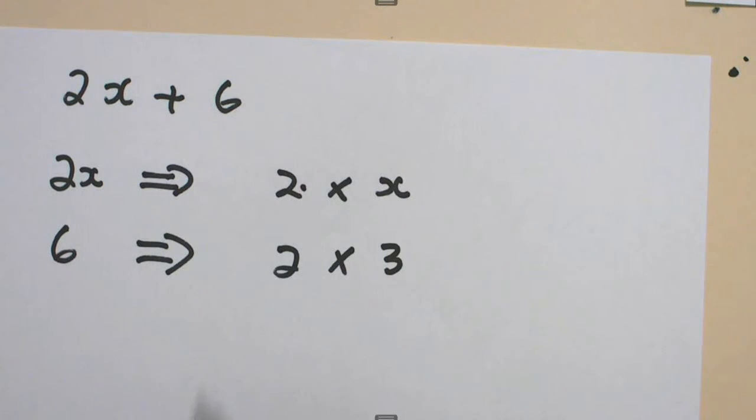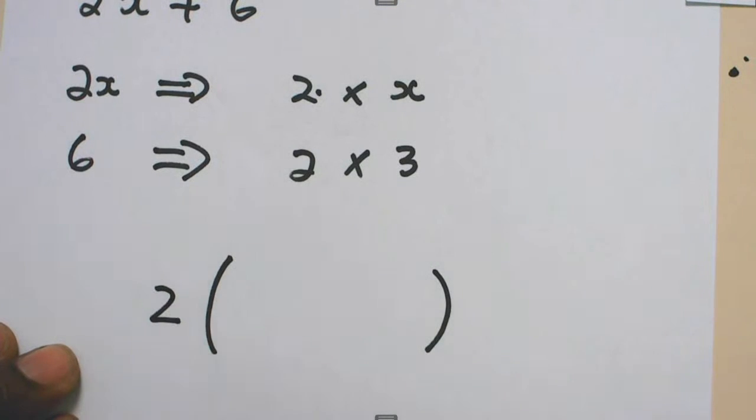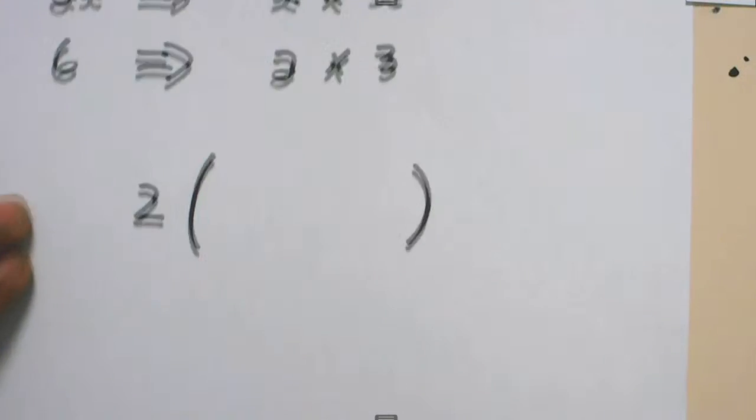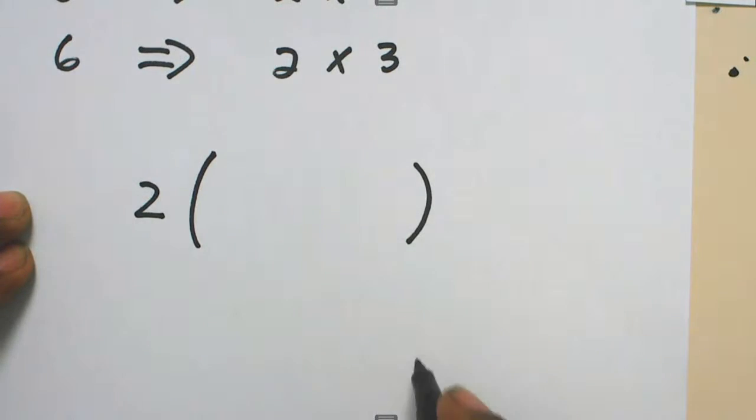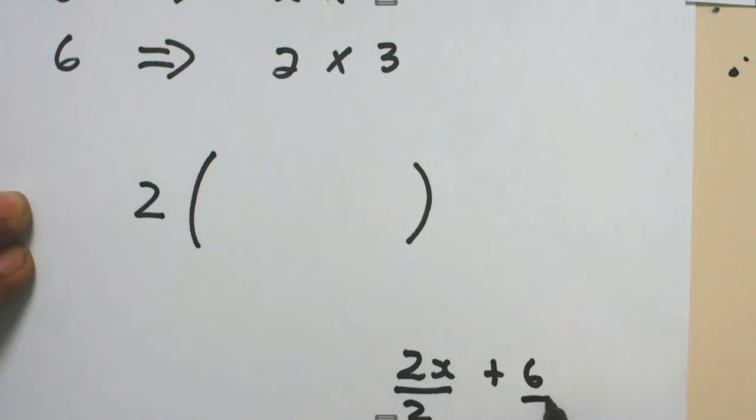And then this highest common factor must be written in front of the bracket. And to get the expression inside the bracket, you divide the expression by the highest common factor. In other words, if you have 2x plus 6, you divide both terms by the highest common factor.